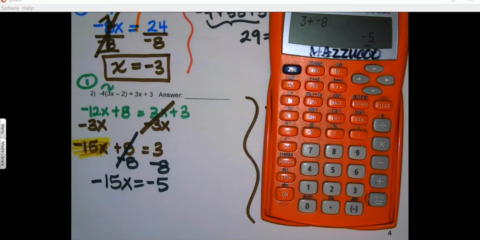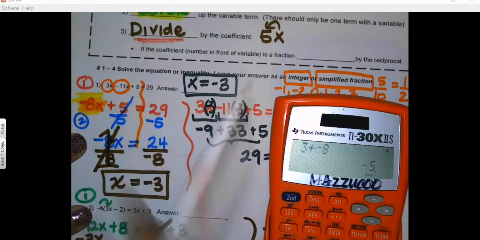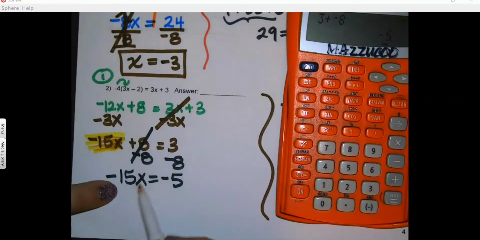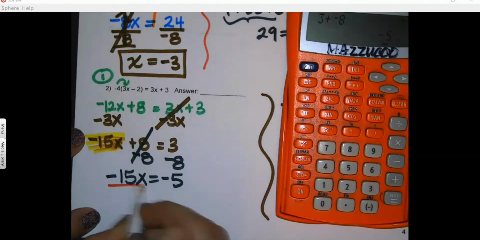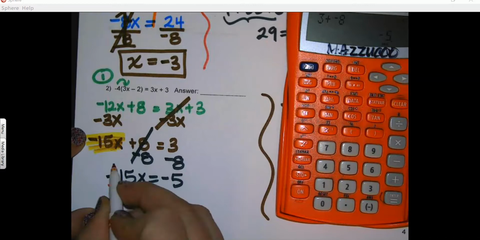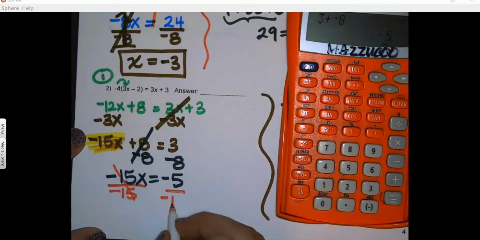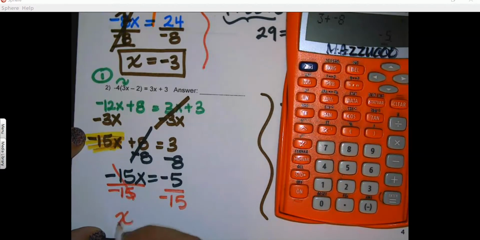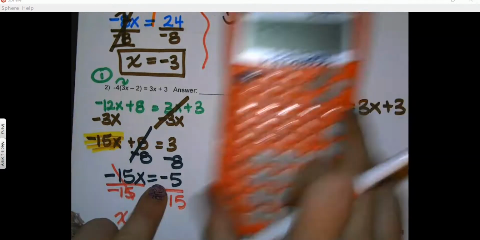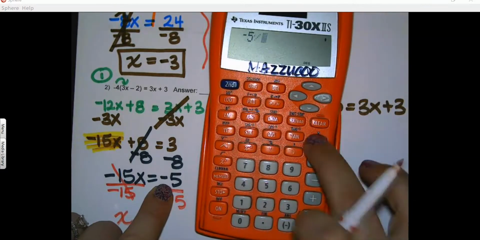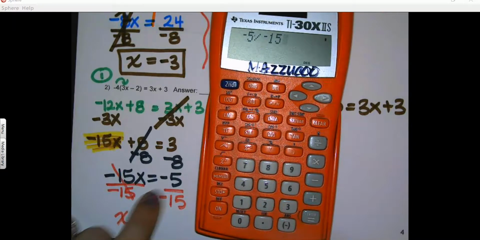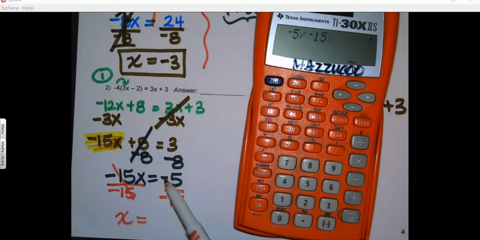And then the very last step is always to divide if there's a coefficient, a number in front of the x. So we're going to divide both sides by a -15. So then we get x equals, we have a -5 divided by a -15. Now, without a calculator, a negative divided by a negative is a positive. So there should be no negative in my answer.